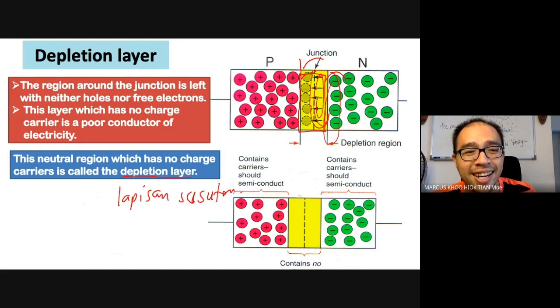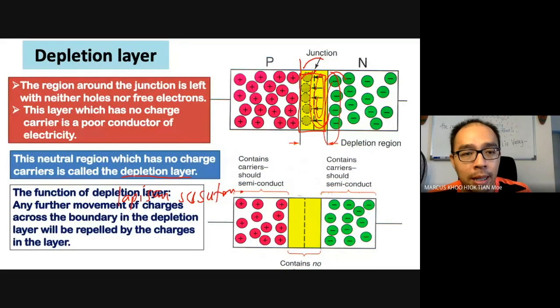Okay, so the depletion layer over here stops the electrons from going over. The electrons cannot go over anymore because there is no space, no place for them to go. And the holes from here also cannot jump to this side because of this depletion layer. It has already been neutralized.